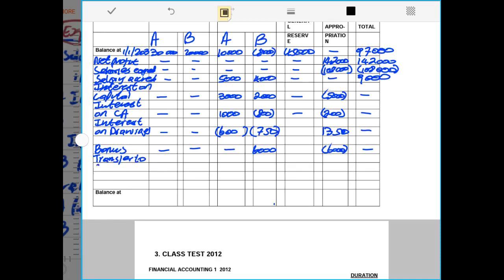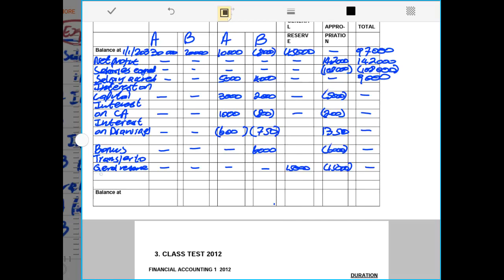The amount that we are transferring to the general reserve is 15,000 rands, and that amount is taken from the profit. So we have negative 15,000 rands in the appropriation column, and positive under the general reserve column. So it's a plus in the general reserve, it's a negative in the appropriation.